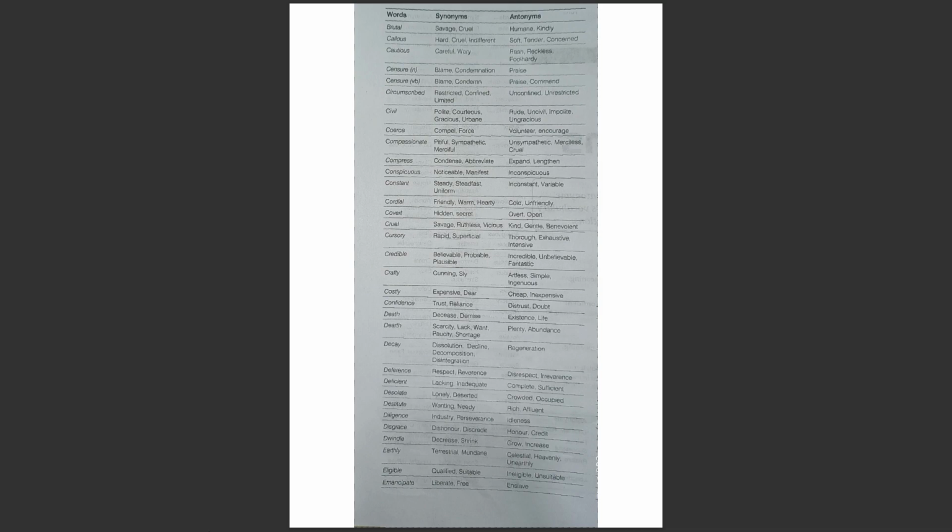The next word is deference. This is not difference, इसमें I नहीं लगा है, इसमें लिखा है E. Deference. So look at the pronunciation and look at the spelling. Spelling is very very important. So deference means to pay your reverence, to pay your respect, to pay your gratitude to someone.